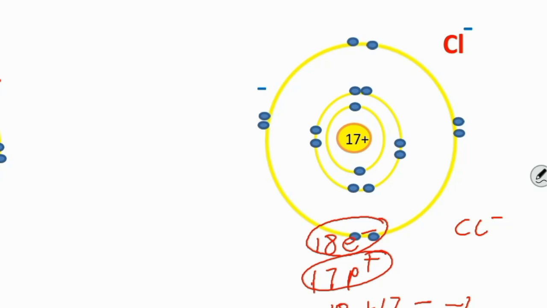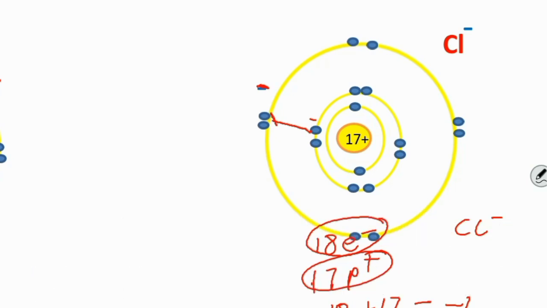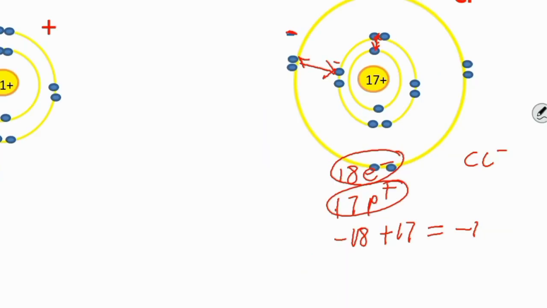Another phenomenon that makes it expand is the repelling effect of like charges. Electrons are negative charge, so the electrons here, which are also negative, tend to push each other backward. So pushing themselves backward means expanding the ion, and expanding the ion means making the ionic size greater. So this means that the ion becomes bigger.